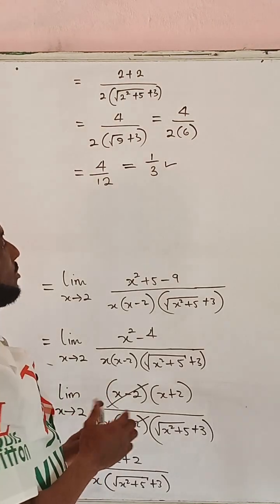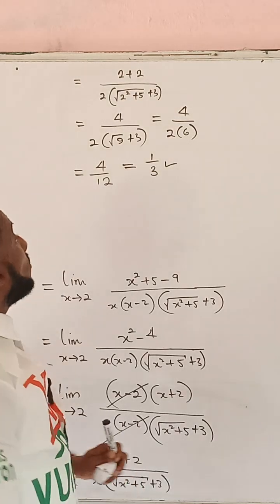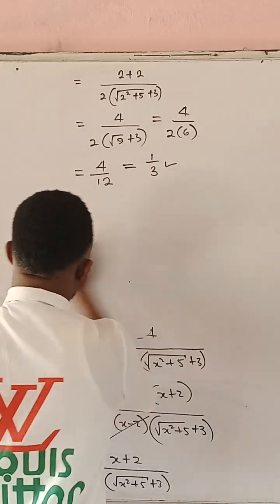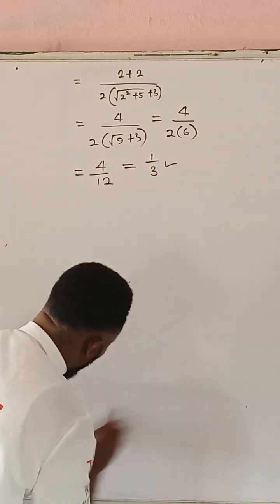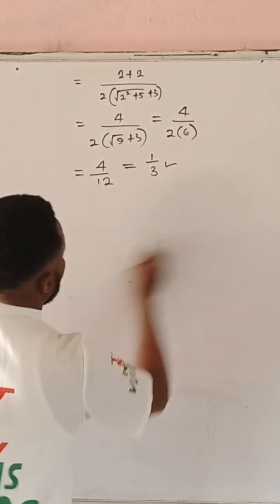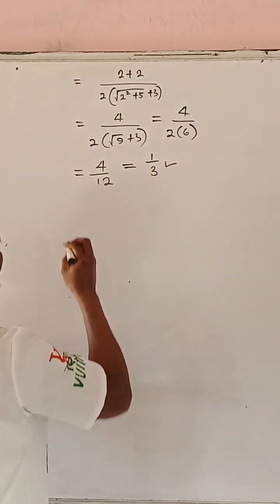Now in the second method, we shall use L'Hopital's rule. Now, L'Hopital's method is very simple, for those who are grounded in calculus. So what he says actually is this.